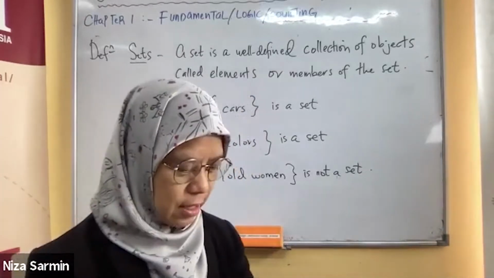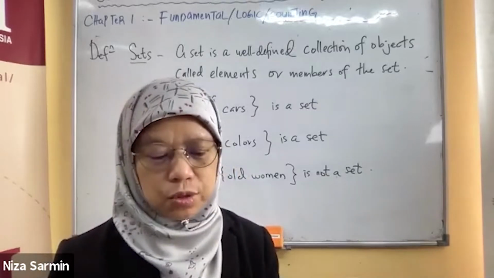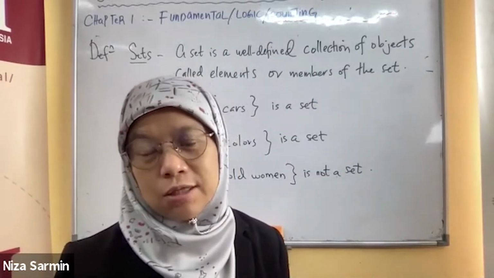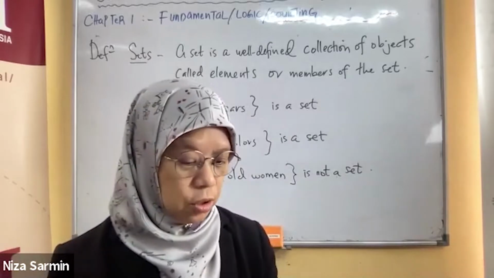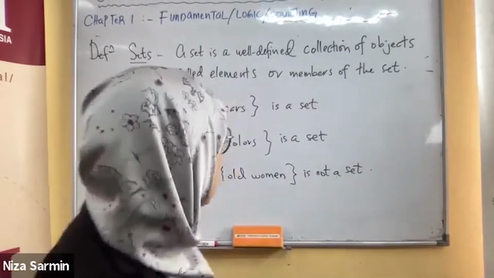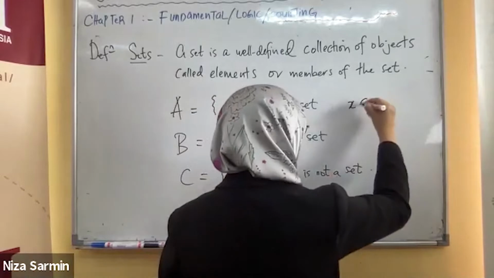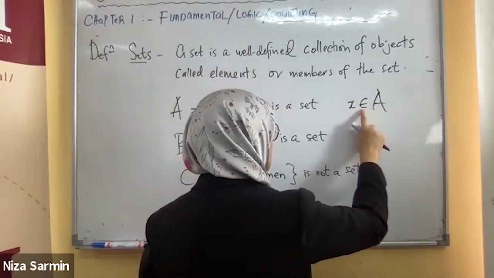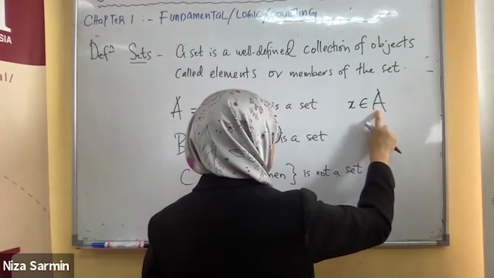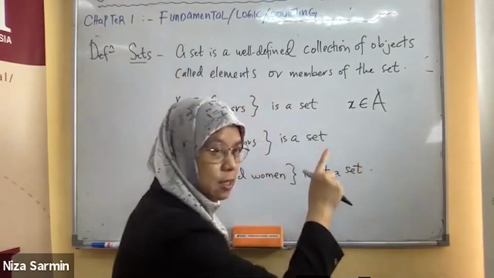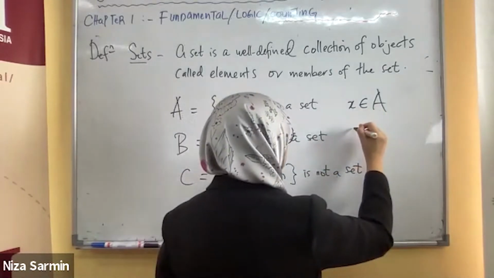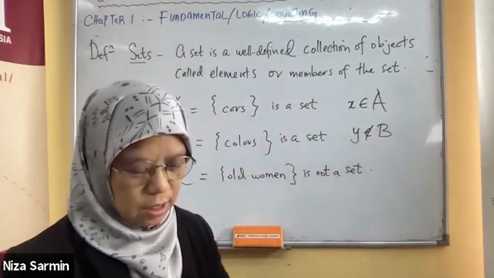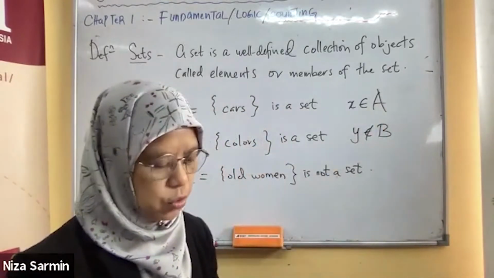All right, so enough on that. So you can read through the notation. We denote sets with capital letters A, B, C, and the small letters to denote the members of the set. And I have mentioned element. So this is small letters, the member. This is element of. This is the set. We normally use capital. If we have y is not a member of B. So these are all very familiar to you, right?